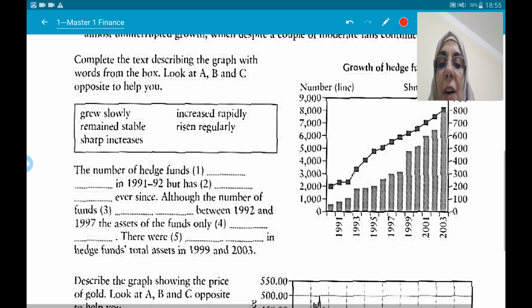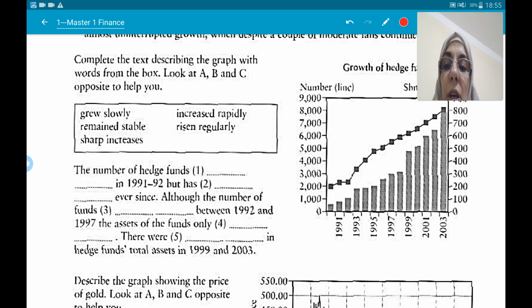So you've got 5 expressions: grew slowly, remained stable, sharp increases, increased rapidly, risen regularly. Grew is the past simple of to grow. Risen is the past participle of to rise.